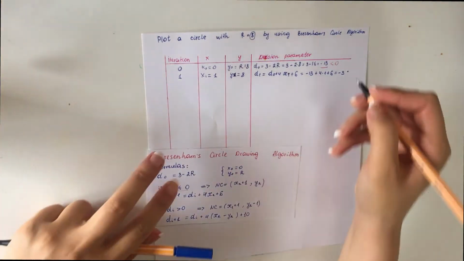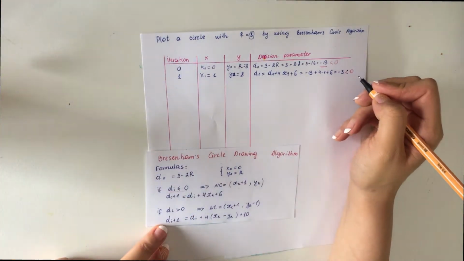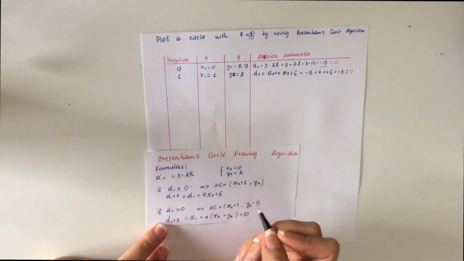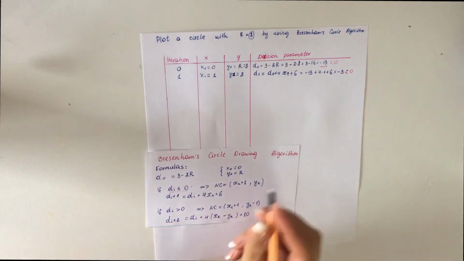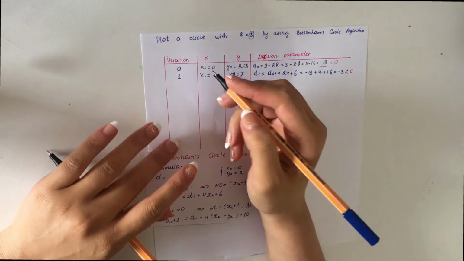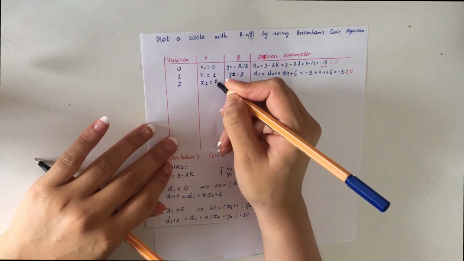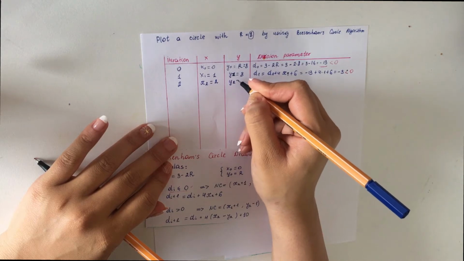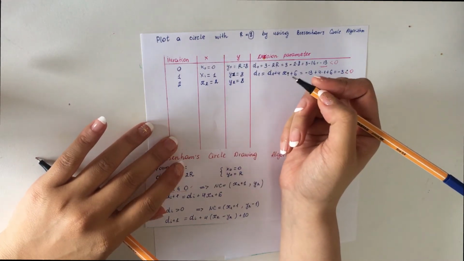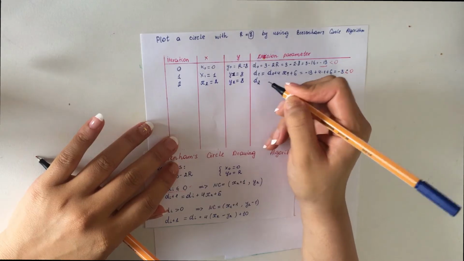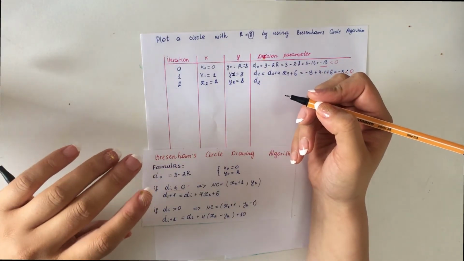As a result, the next decision parameter equals minus 3, which is also less than 0. So the result will be the same again. The x coordinate will increase by 1, the y coordinate will not change. x2 equals 2, y2 equals 8.